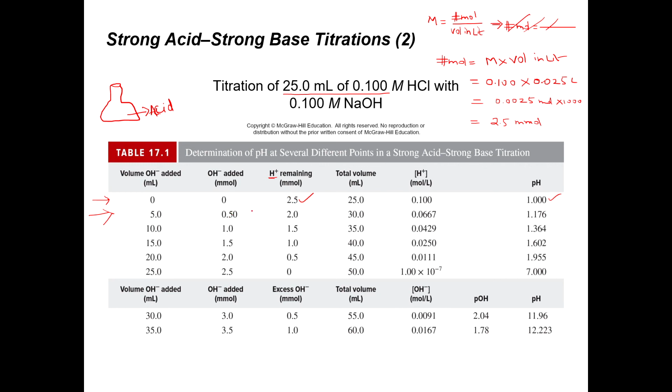That means these two will react. That means your H plus ions will reduce by 0.5, then you get 2.0. And what would be your total volume? You have 25 milliliters in your flask, and you added 5 ml to it, so your total volume would be 30. Then you can find your H plus ion concentration, and when you measure your pH, that would be 1.176. So this is how you can do it at each step, do your calculations, and then plot your graph.